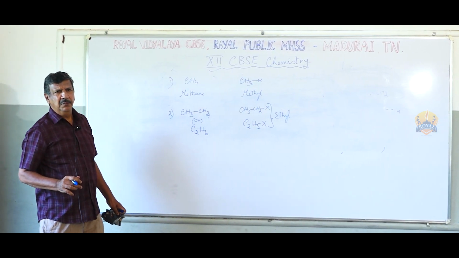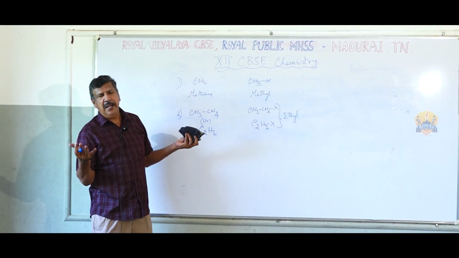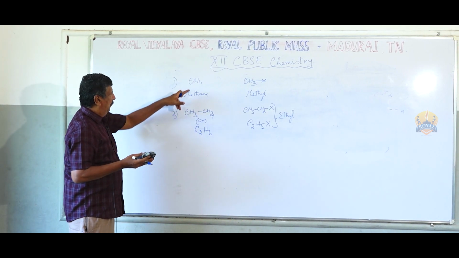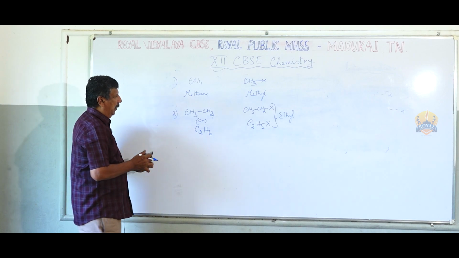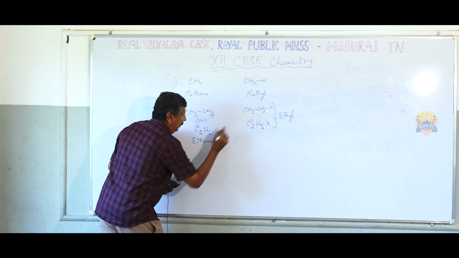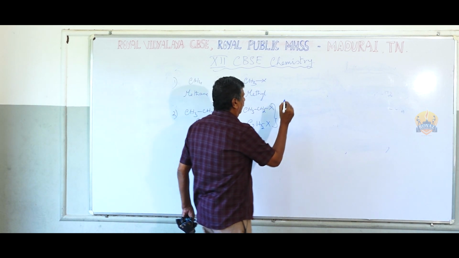These groups are ethyl. Both are ethyls. You can write as per your liking. So first one methane, second one ethane, ethyl.